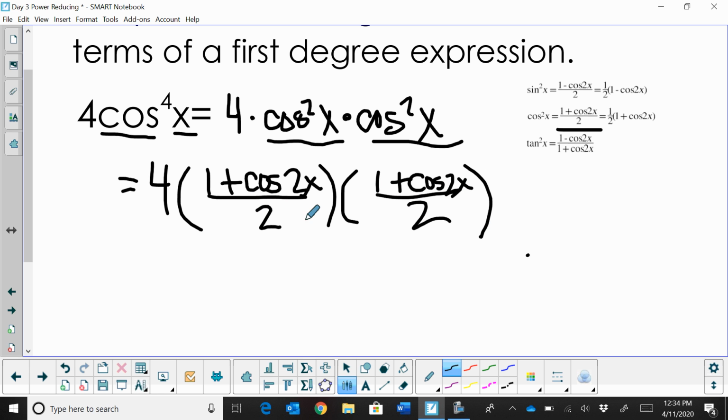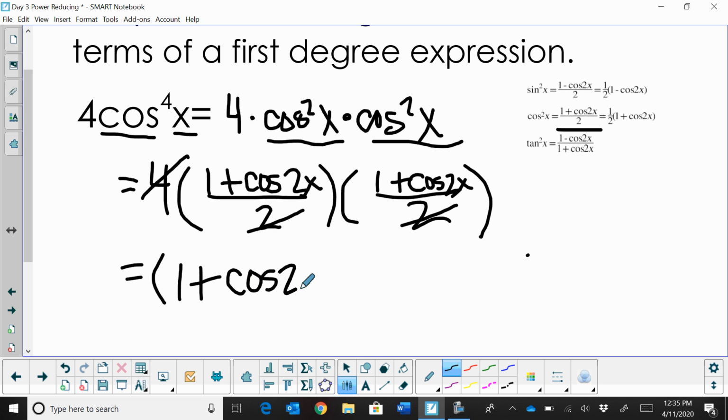Now, our denominator is 2 times 2, or just 4. So I can cancel this 4 out with both of these denominators. So now I've just simplified this to 1 plus cosine of 2x times another 1 plus cosine of 2x.